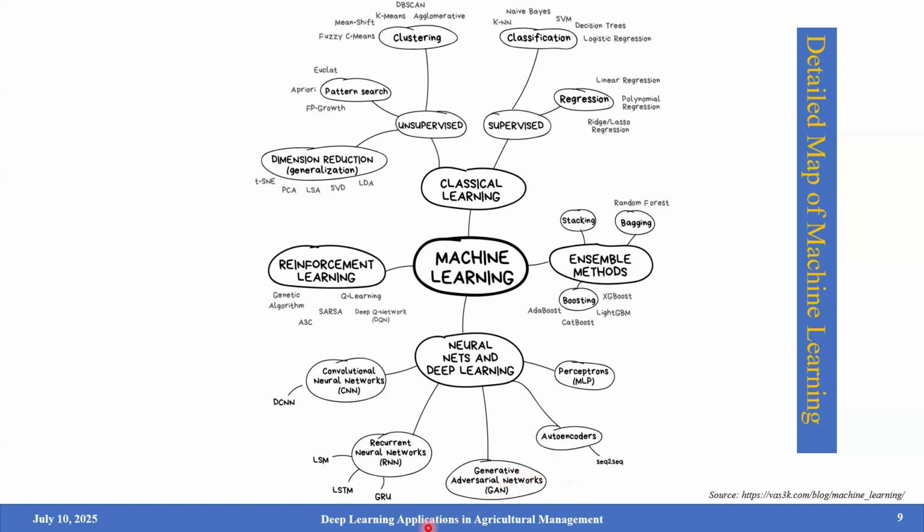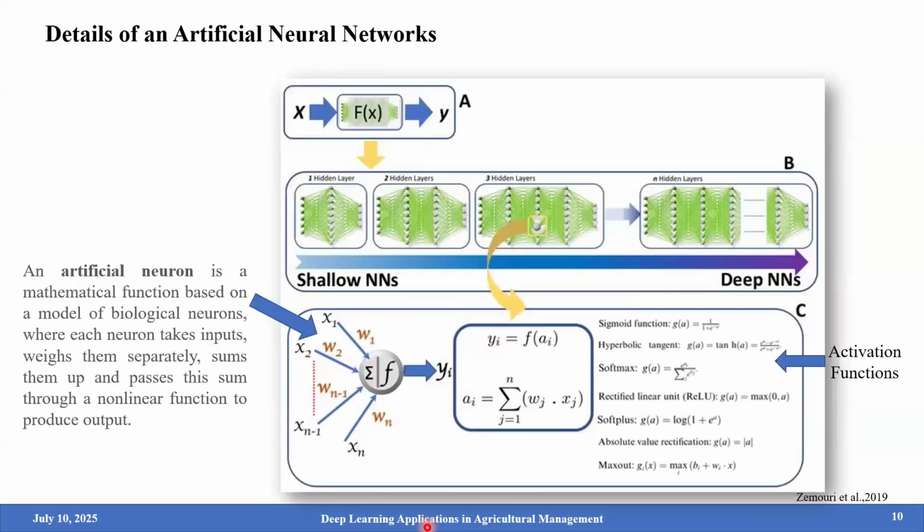And then we have GANs, basically generative adversarial neural networks. And then we have what we call recurrent neural networks, or RNN. Under that, we talk about LSTM, etc. Now, I'll start with simple neural network architecture and then talk about various deep learning neural network frameworks that are available.